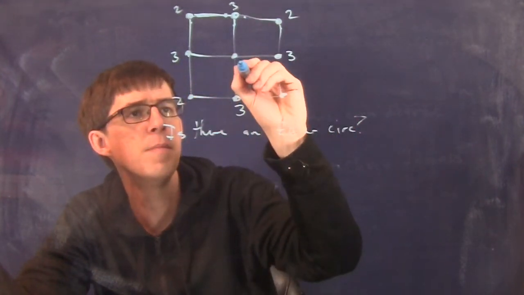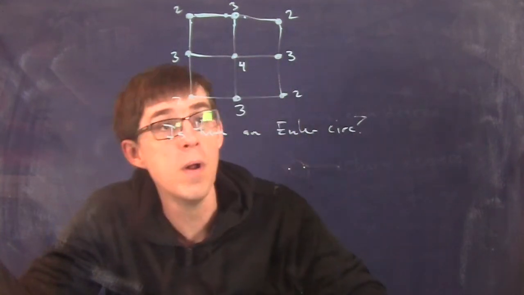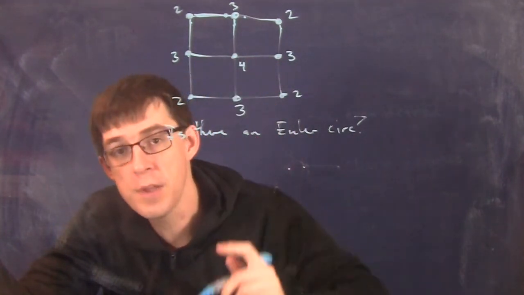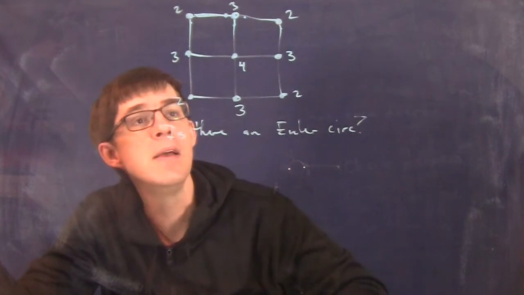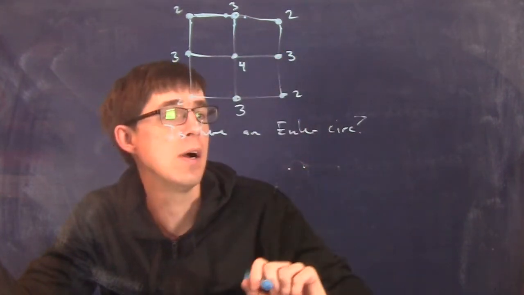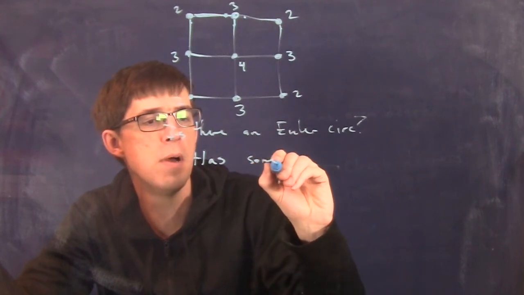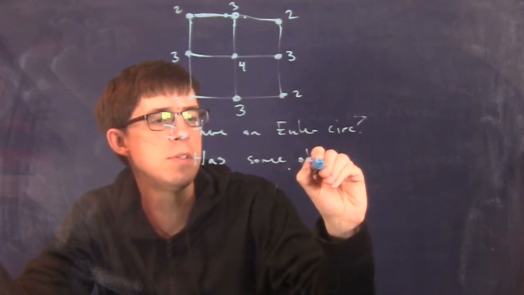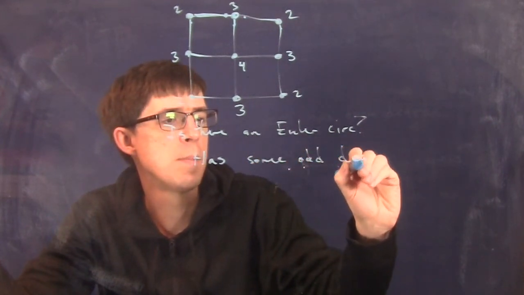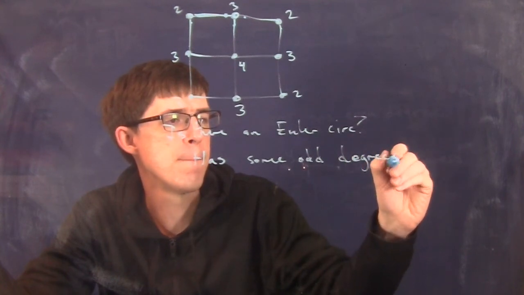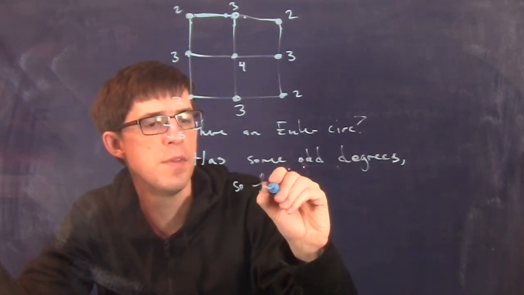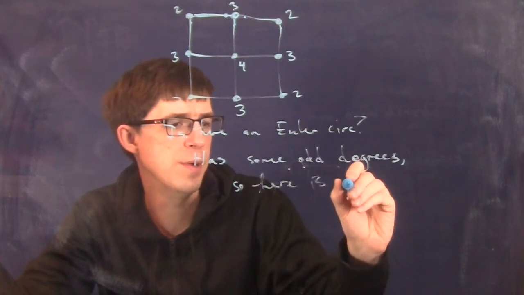And the point in the very center of the square is a 4. Anyway, what I'm looking for is, are any of them odd? The answer is yes. The 3s are odd. So it has some odd degrees, so there is no Euler circuit.